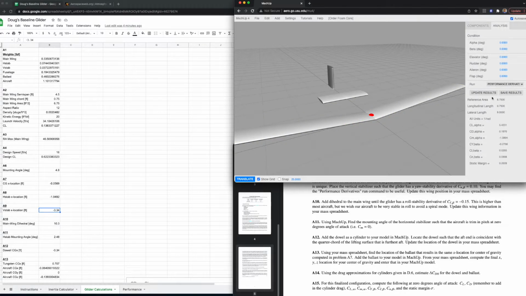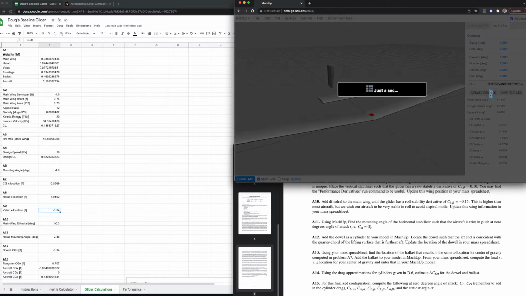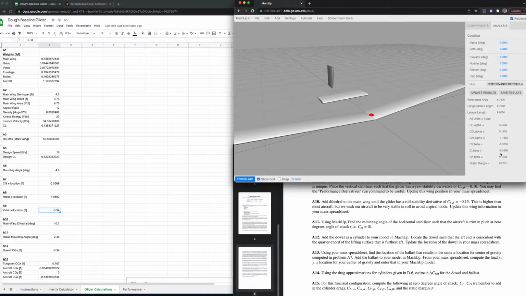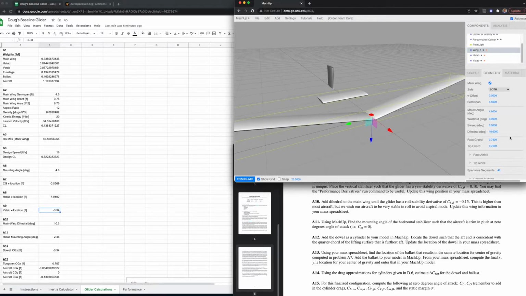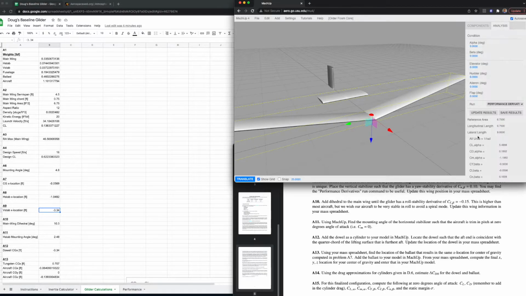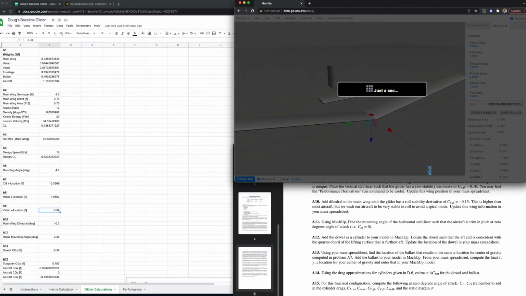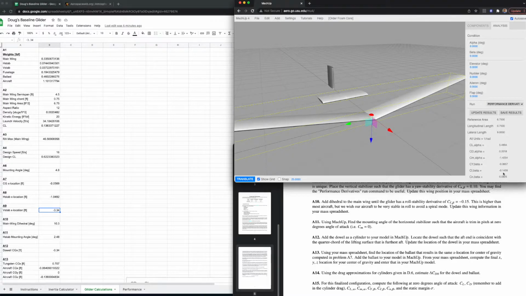And let's update the results here. Performance derivatives. And I'm looking for CL beta. Now I'm at minus 0.0596 instead of a positive, I can't remember what the number was. We want to get to a minus 0.15, so we need a little bit more dihedral here. So I'm just going to double it, say 10 degrees. Okay, and now we're real close. We're at minus 0.1459.